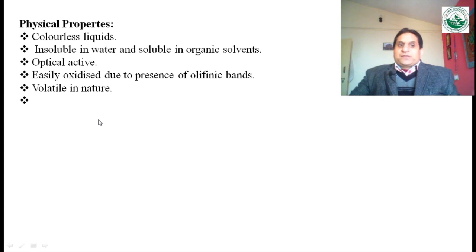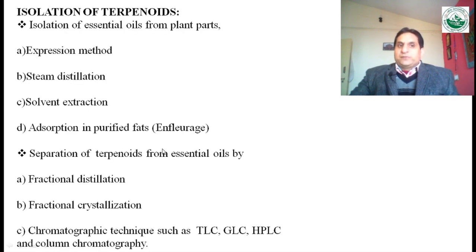It means at room temperature they easily evaporate, and they are also known as essential oil because they contain some aroma and essence of the drug. So they are also known as essential oil or aromatic oil.